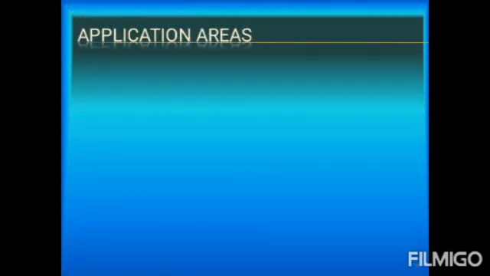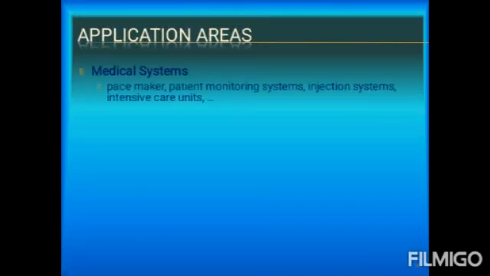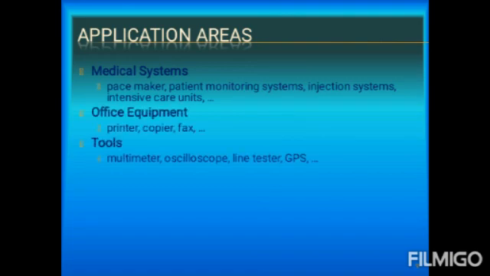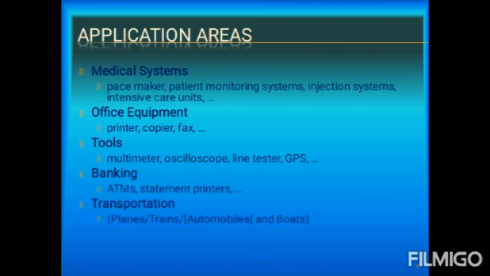Let me start with the application areas of embedded systems. We use them in medical fields for doing operations, to analyze tumors, to do bone marrow testing, and to analyze in depth, such as brain tumors. These things can be done using medical equipment. Other than that, office equipment: printer, copier, fax machine.